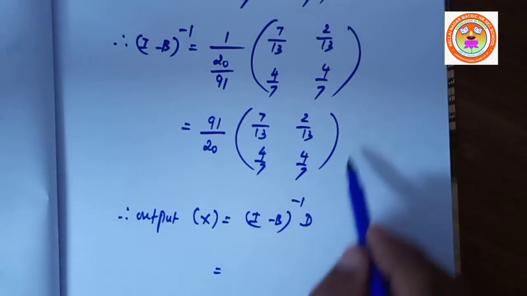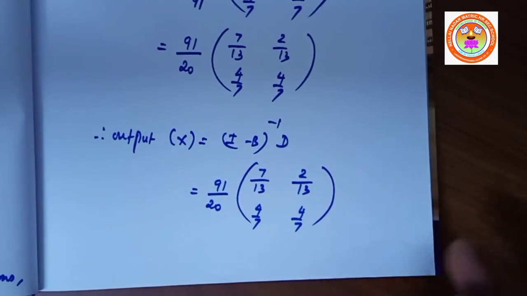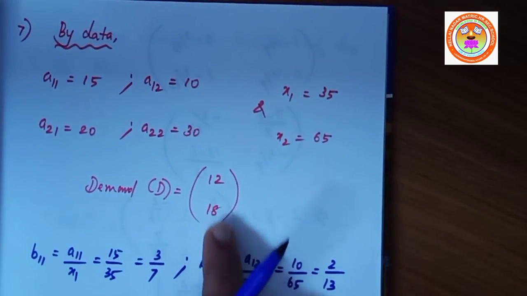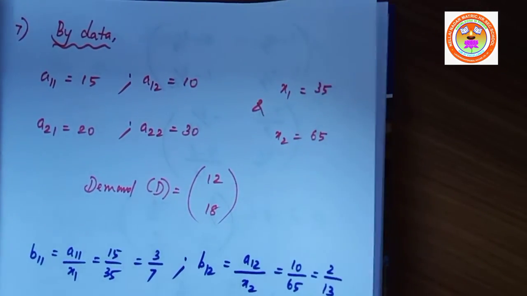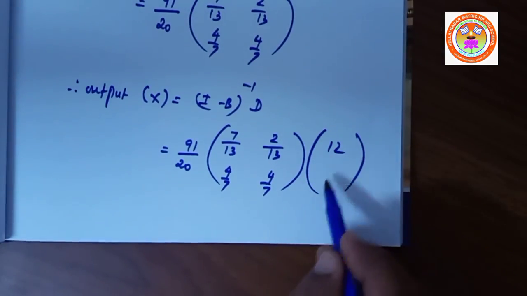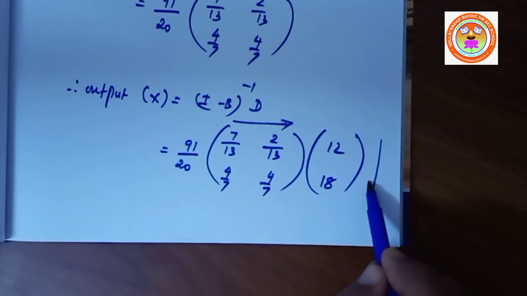(I minus B) inverse here is 91 by 20 into 7 by 13, 2 by 13, 4 by 7, 4 by 7, into the demand matrix. The demand matrix here is written as 12 and 18. Matrix multiplication, you know very well, is row by column.